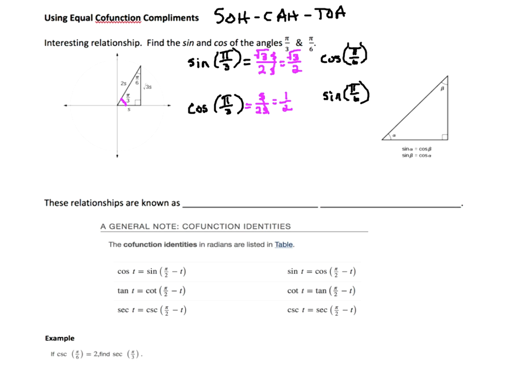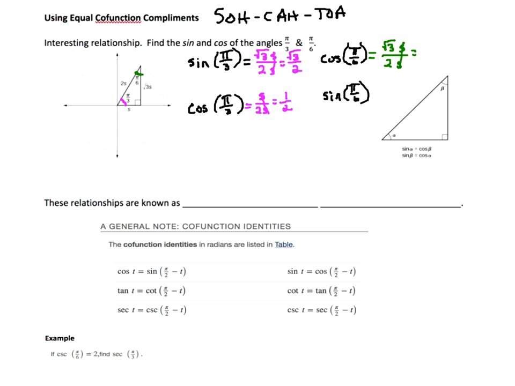Okay, now let's go back and get the pi over 6 functions. Let me get a different color here. So pi over 6 is that 30-degree angle there. The cosine of pi over 6 is adjacent, so adjacent to that is square root 3s over the hypotenuse 2s.